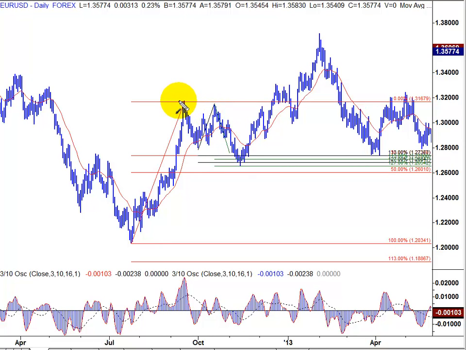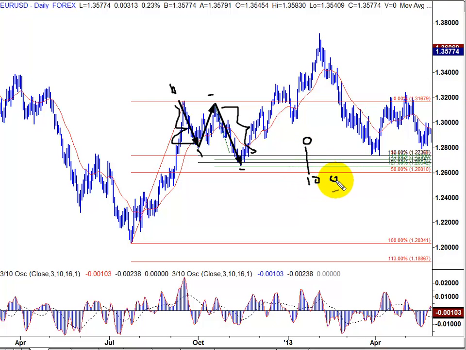So remember before, that can be one wave. Now here's the thing. If A to B is equal to C to D, then why is C to D larger than A to B? Well, understand that when you have your fib, it goes from 0 to 100.